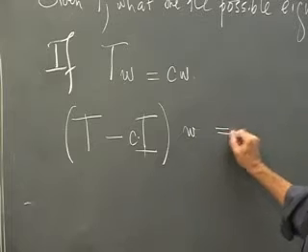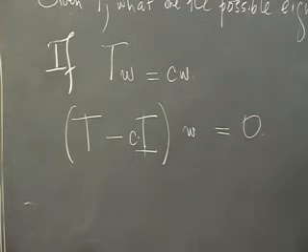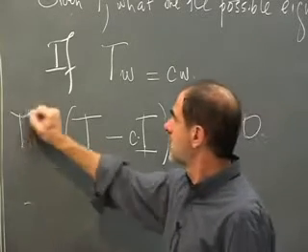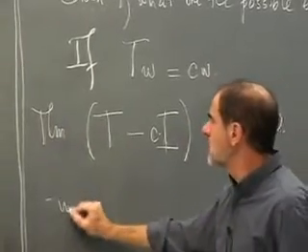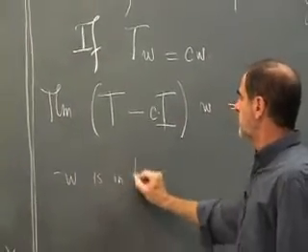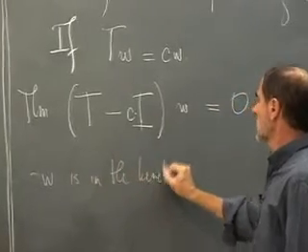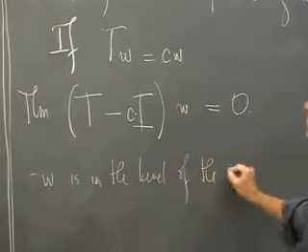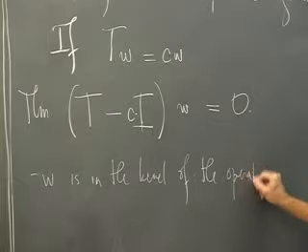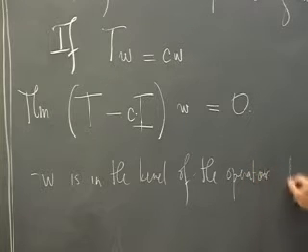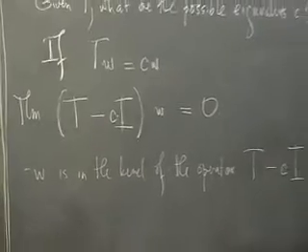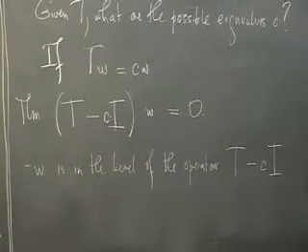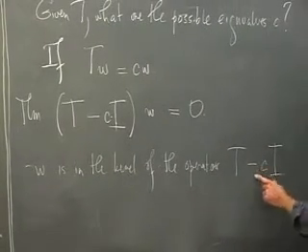And you apply that to the vector W, you get 0. In other words, W is in the kernel of the linear operator, T minus the eigenvalue times the identity operator. And in particular, this operator is not invertible.